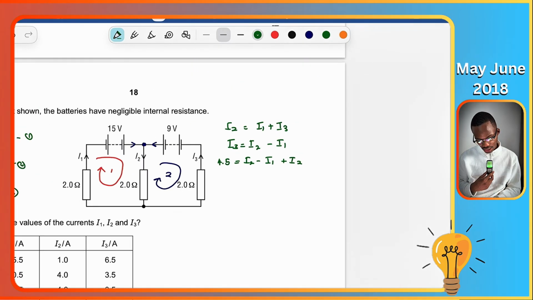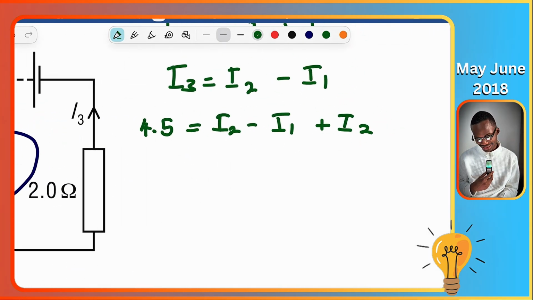So you're going to have this beautiful relationship, which says 4.5 is equal to 2I2 minus I1. Let's say that's equation 4.